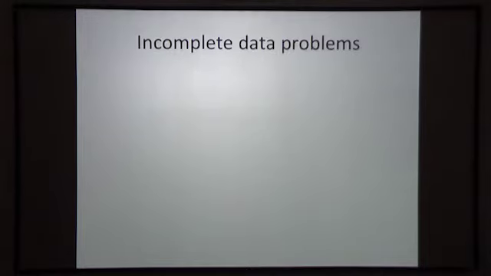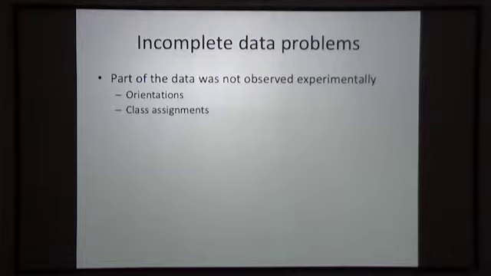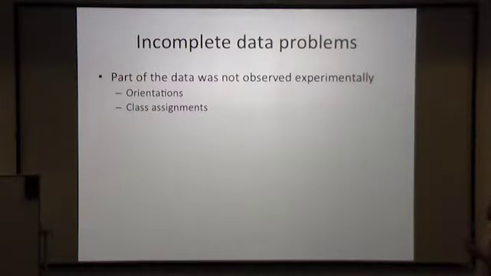Okay, so that brings us to something which in math they call an incomplete data problem, and that's how you could consider alignment of EM images against a reference. You could think of it as a problem where part of the data was not observed experimentally.